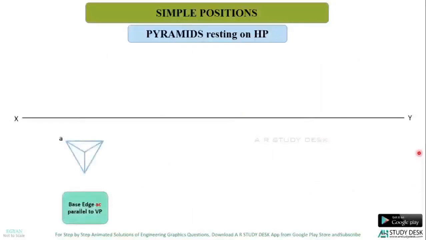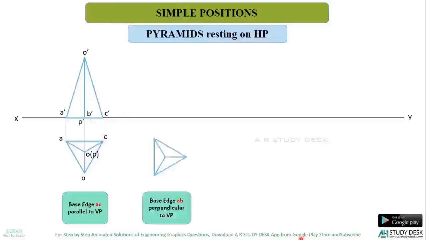Next is pyramids resting on HP. So I'll take a triangular pyramid over here. Here you can see that the base edge AC is parallel to VP. Very clear. Here the base edge AB is perpendicular to VP.